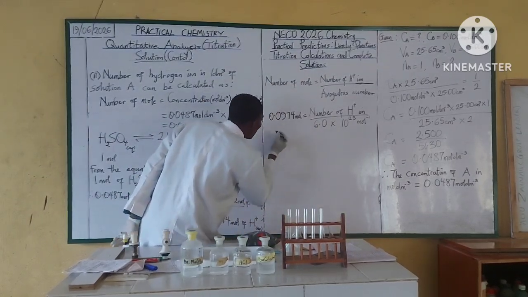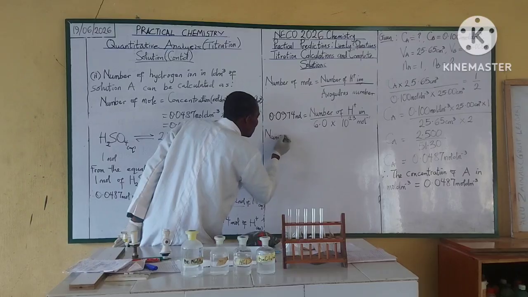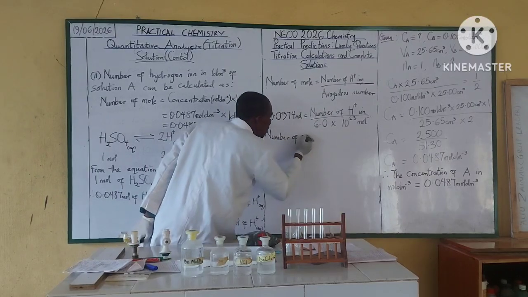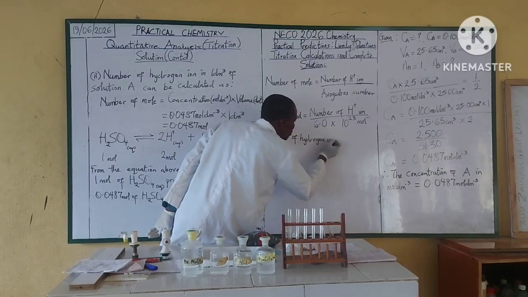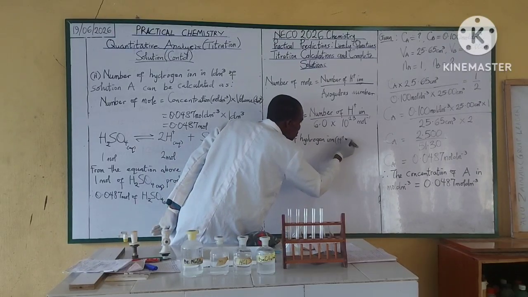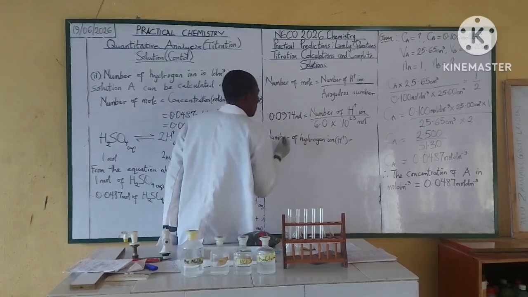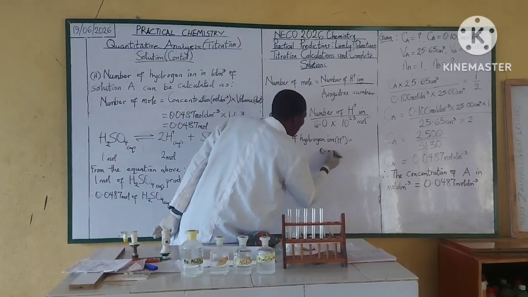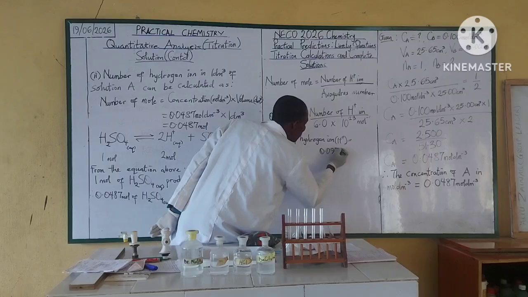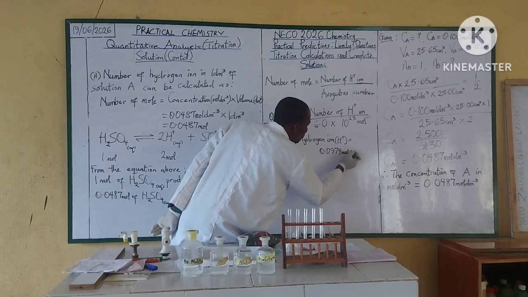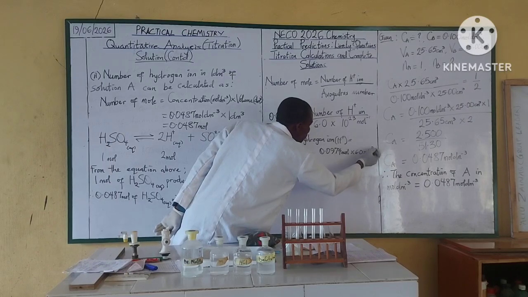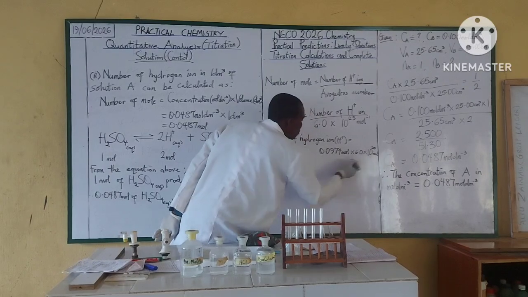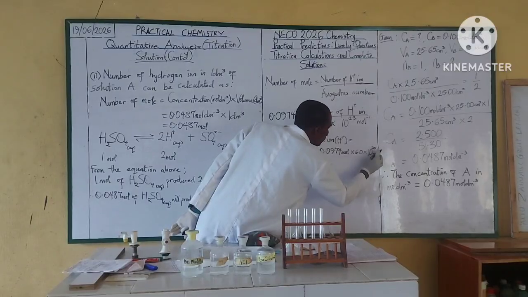you now have number of hydrogen ion, which is H plus, is equals to 0.0974 mole multiplied by 6.0 times 10 raised to power 23 per mole.